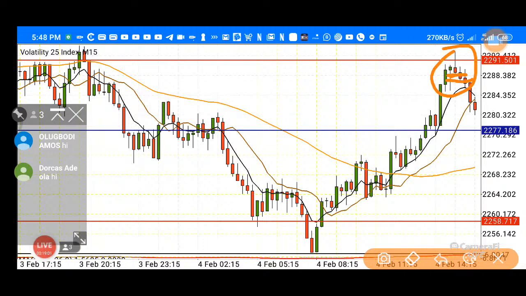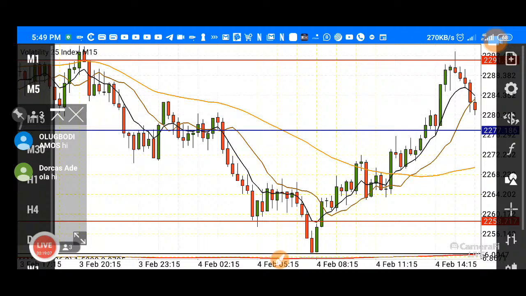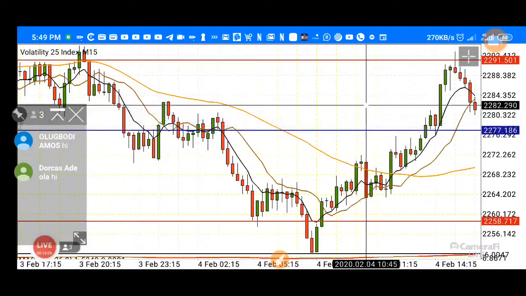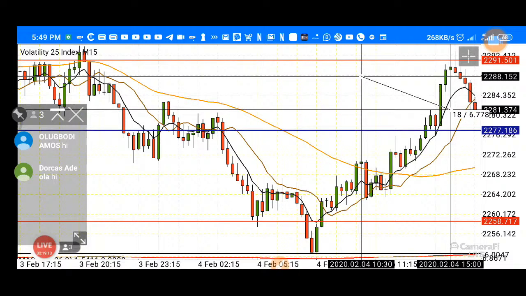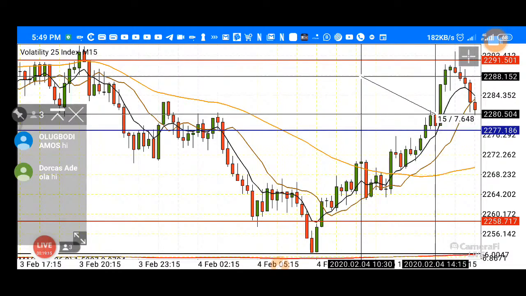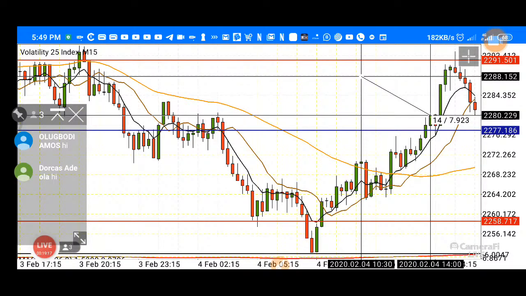Remember, we are scalping, we are not entering for long-term trades. So let's see if you can see up to 10 pips here. Let's assume we entered here. Okay, we have 7.9 pips, right?